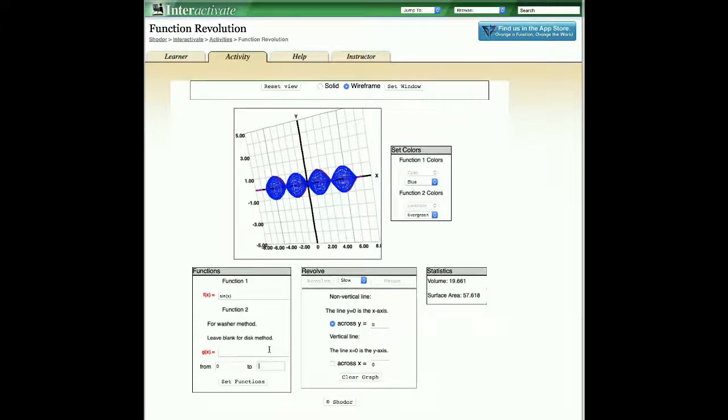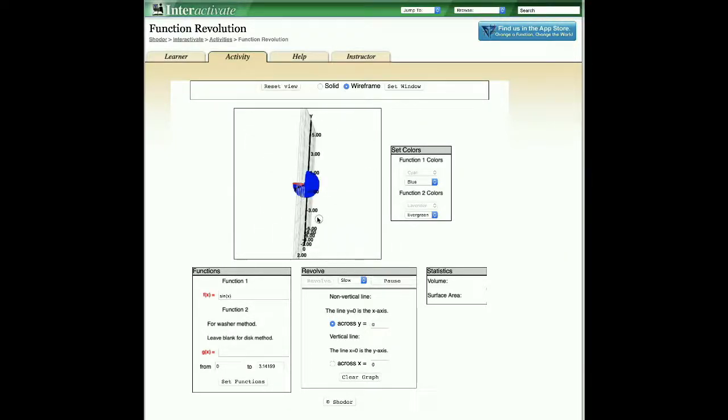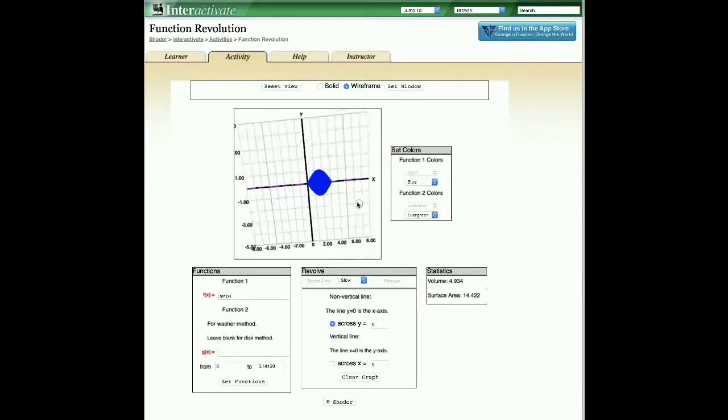That should be accurate enough for us. So we're going to set our function there. There it is. Let's go ahead and revolve it around the axis again. You see it revolving around there, and we have that solid there. And we see the volume here says it's 4.934. Surface area is 14.422.